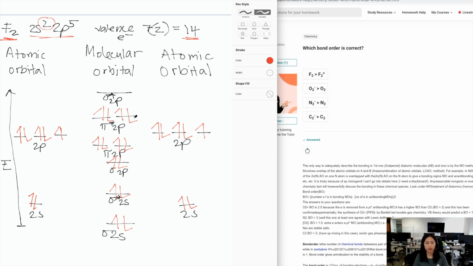And then you stop there. So that means your last arrow should be at pi anti-bonding 2p.